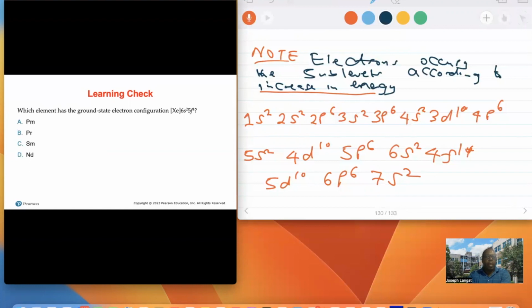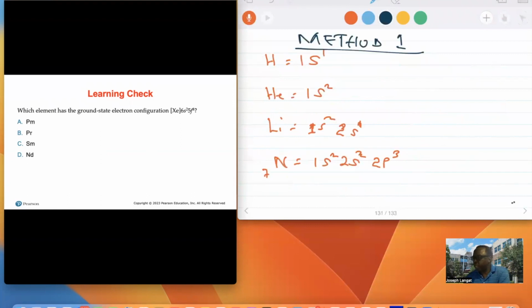Now, which element has this ground state electron configuration? Sometimes you may be given an electron configuration and asked to identify the element. Here, xenon is number 54. So you add 54 plus 6, which gives you 60.